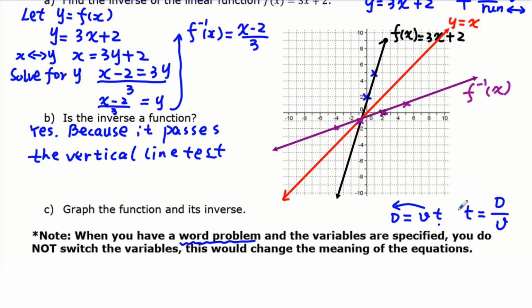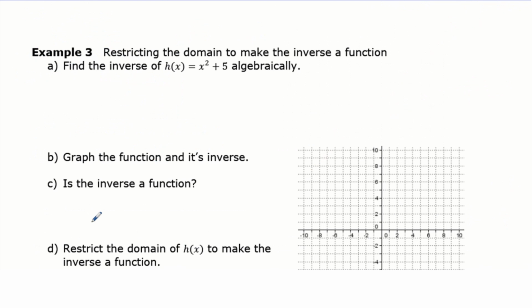The reason is the time is in minutes, hours, or seconds, and the distance has a different unit, so we are not able to switch them. The units are not the same, so we just isolate the output, which becomes the input. So we are going to see the next example.